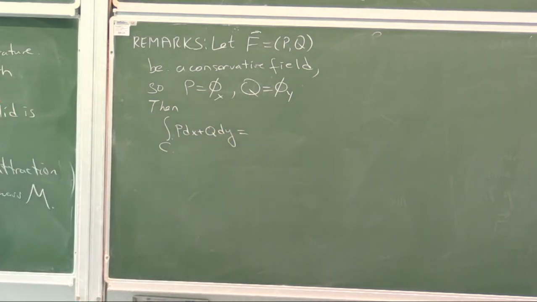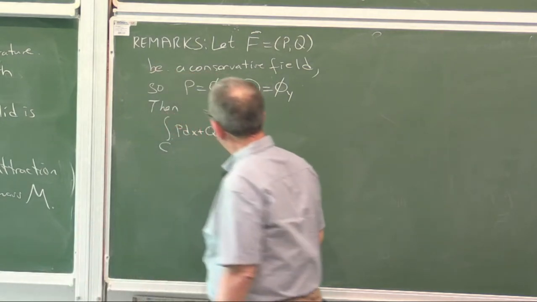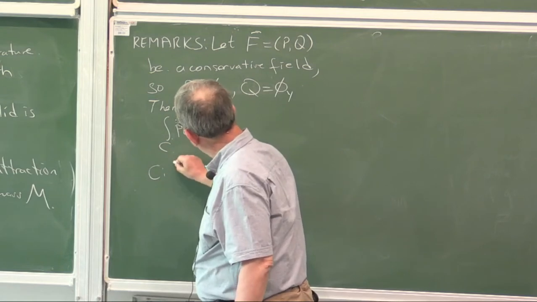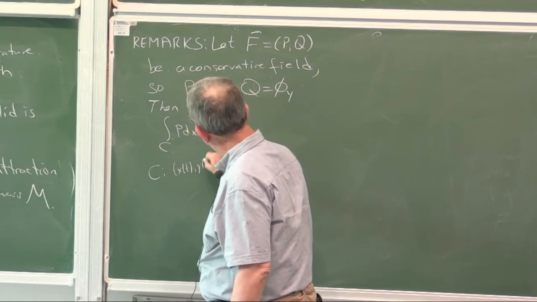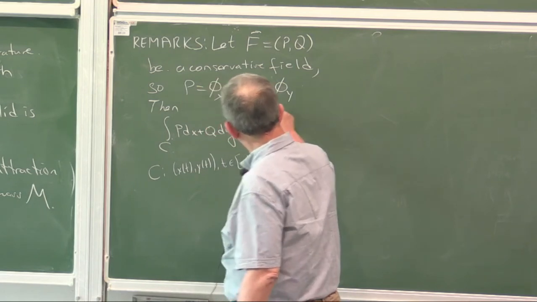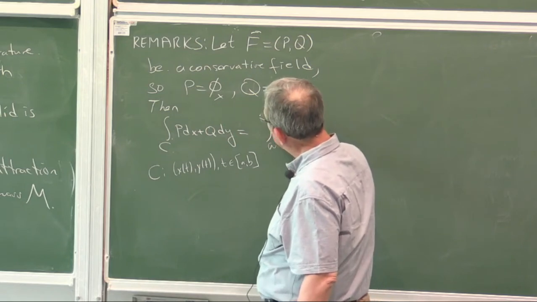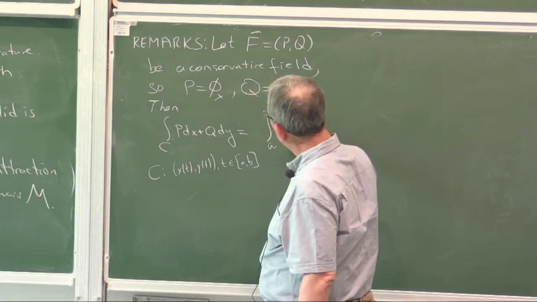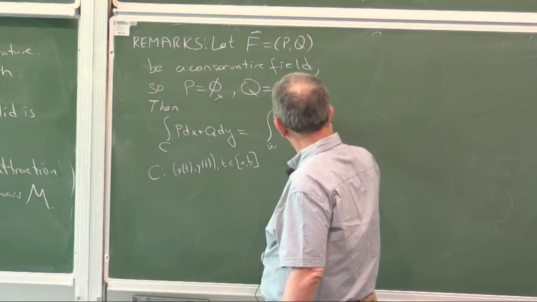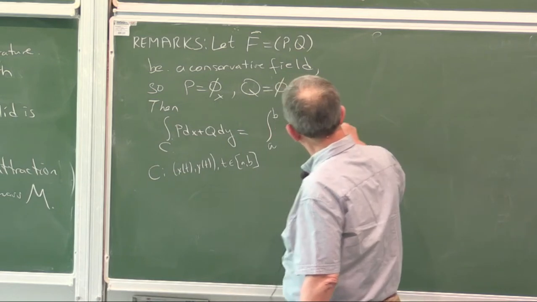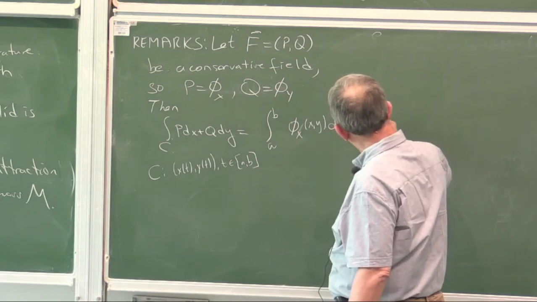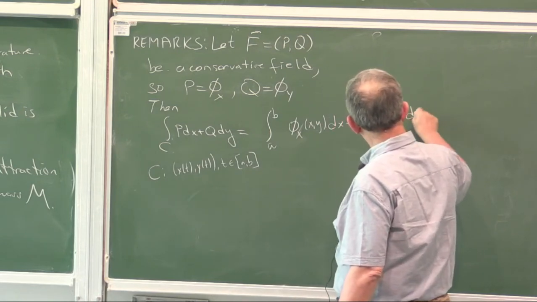would be, let us write everything in place and say C is (x(t), y(t)), and t changes from A to B. So this becomes the integral from A to B of P, which was phi sub x, that is phi 1, or if you want just phi x, (x,y), dx, plus phi sub y, (x,y), dy.